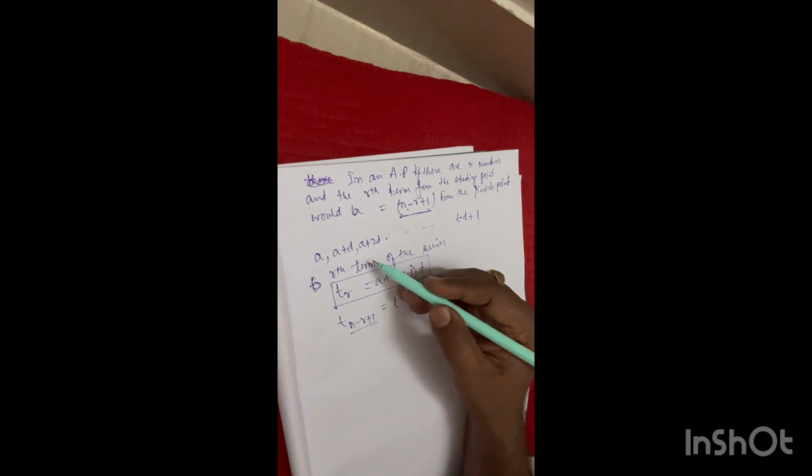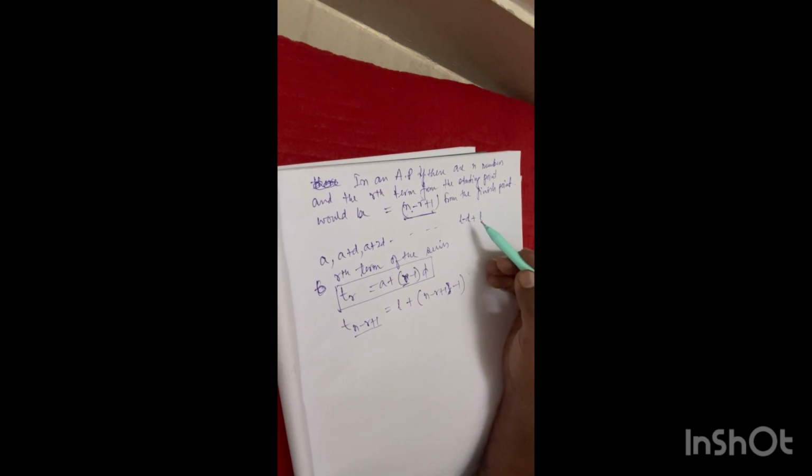That means if I go from the back to front, then your d will be minus, because in this case the consecutive term will come later than this term. So as per the common difference rule, the later term will be treated as the progressive term. So if I start from here, my next term will be this. So in that case my common difference will be L minus d minus L. So in this case it will be minus d.